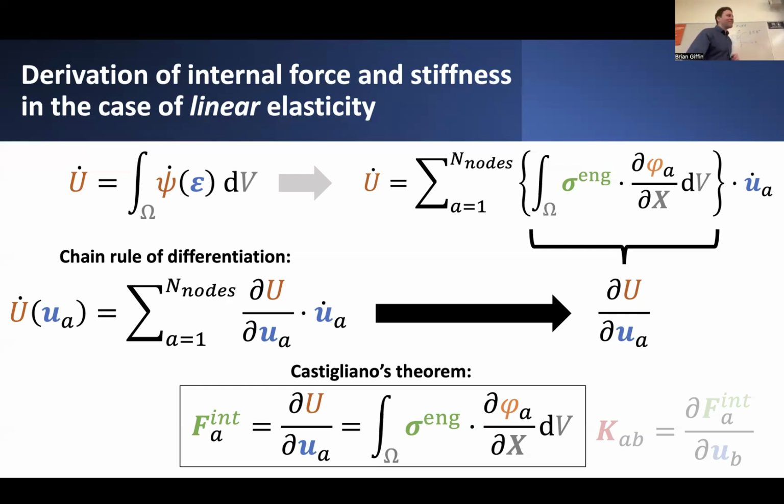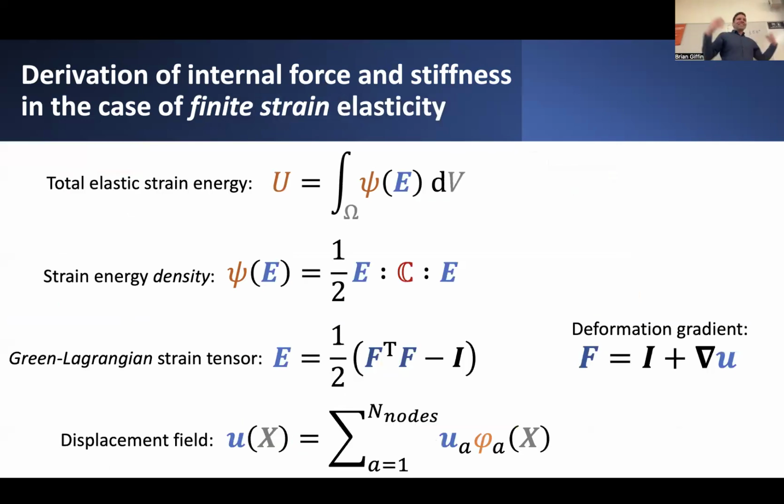However, that's obviously not where we're going to end it. Now we want to generalize this same procedure, but the only change we're going to make is we're still going to pose some kind of description of internal strain energy, but now we're going to have that strain energy depend on this new nonlinear measure of strain. So this new Green-Lagrangian strain measure is what we're going to plug into this strain energy density expression.